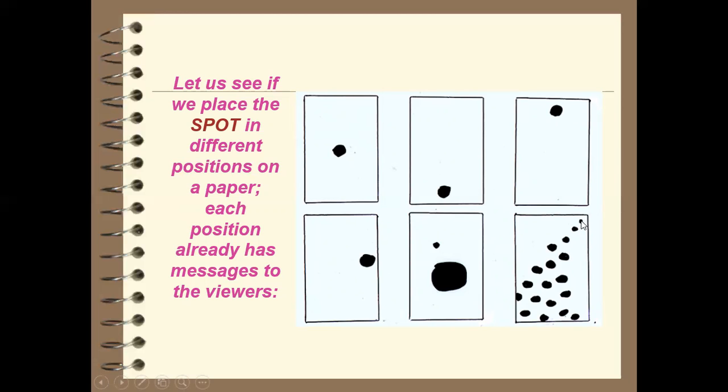When you see a rain of spots, then you can feel that it came from this side, this corner, and they are falling down to the ground. So with spot placed on different positions on the paper, there will be different interpretations of the mind already.